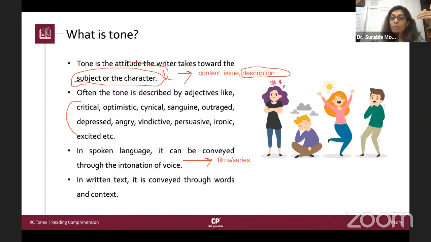Now, those facial expressions, as you can see in the figure on your screens, are not visible in written language. So we have to make use of our reading skills and understanding of keywords, the way the sentences are arranged, the way paragraphs begin or end, and identify those tones. So in written language, tone is conveyed through words and context.